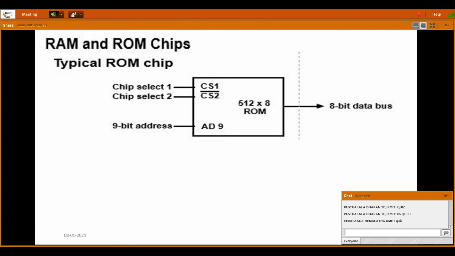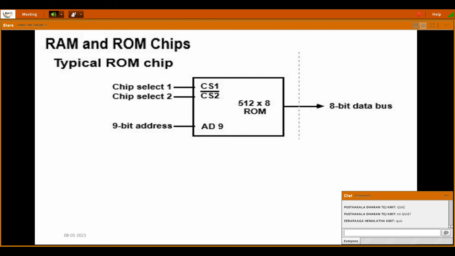Now take the example of ROM. Everyone will know what ROM is. ROM is a permanent memory. That means it stores the content of the computer permanently. Why is ROM main memory?